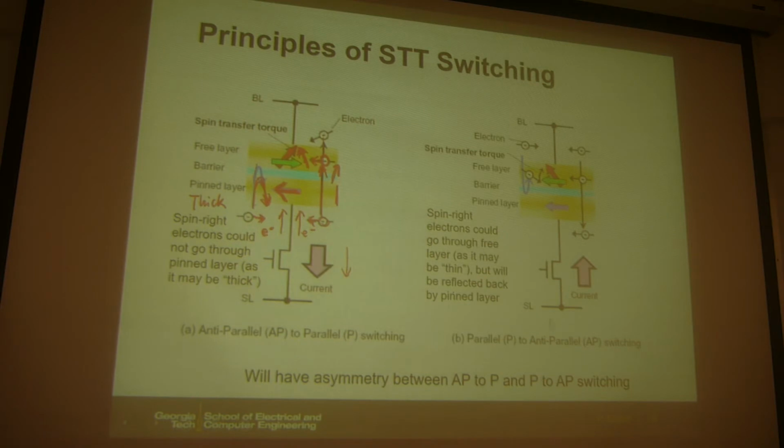And then for the other case, from the parallel state to the anti-parallel state, we can do similar analysis here. Initially, both layers are pointing to the left, and now we need to switch the current direction for the set and reset. This is bipolar switching. So we'll apply current this way.